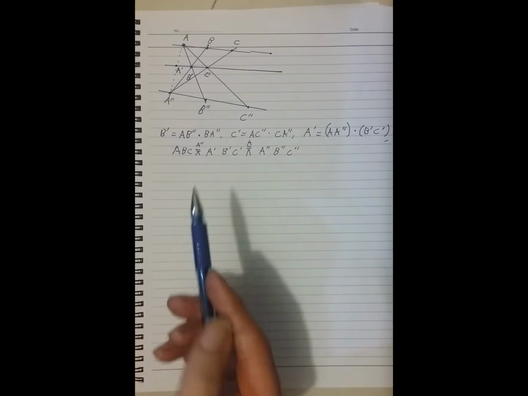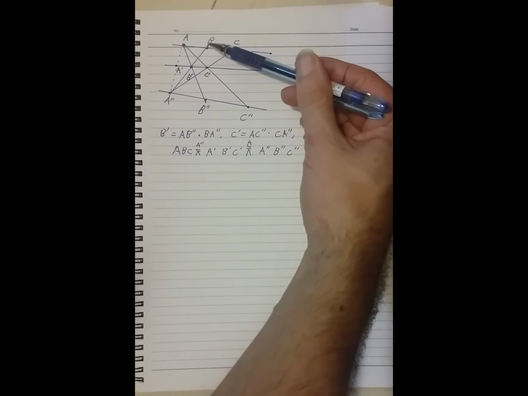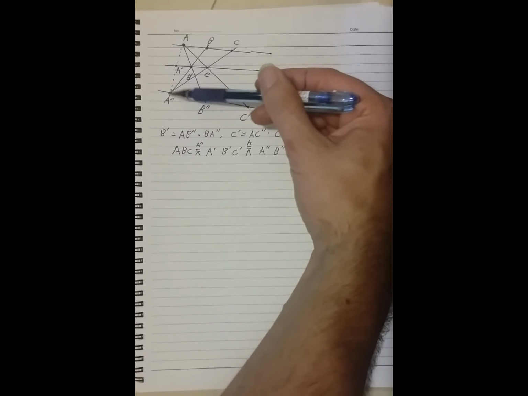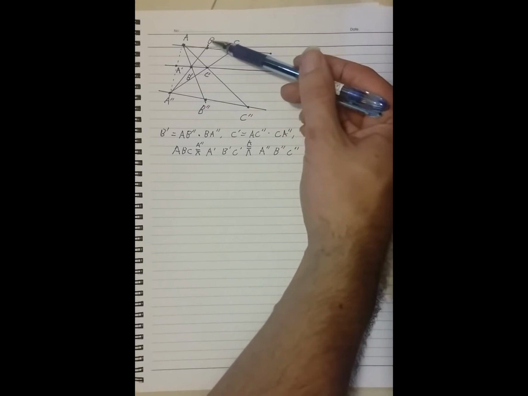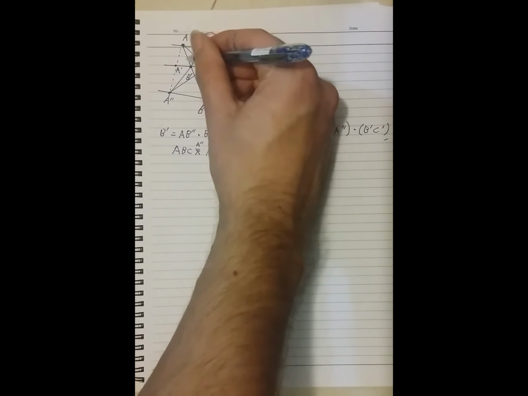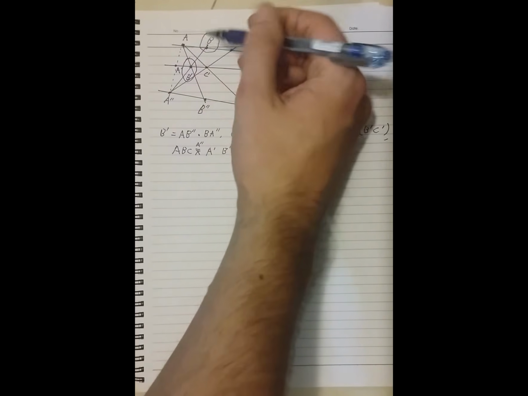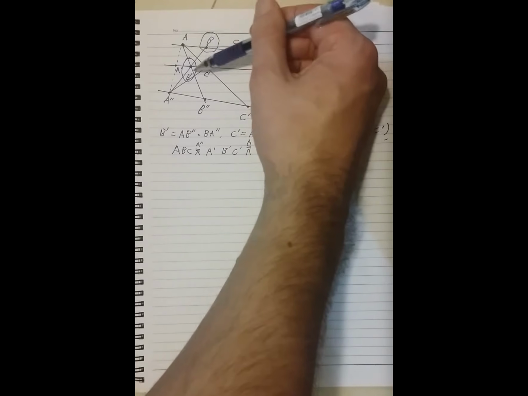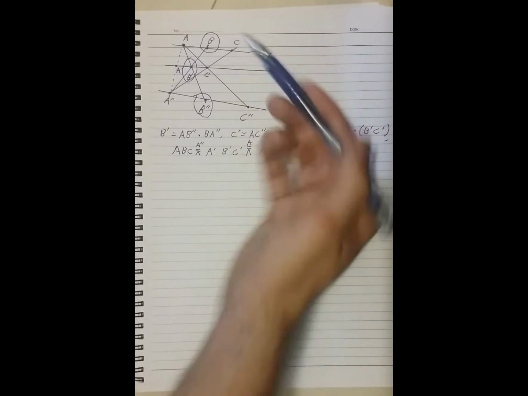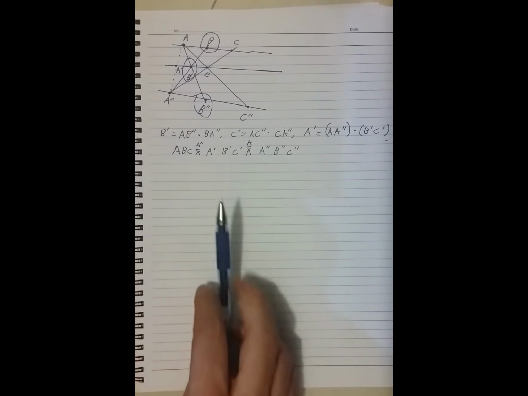Let's just check for the case of B. Under the first perspectivity, B has this projection towards A double dash, and it goes from here to here. And then secondly, it has this perspectivity with a centre A, which gets it to here. And the same is true for the other points.